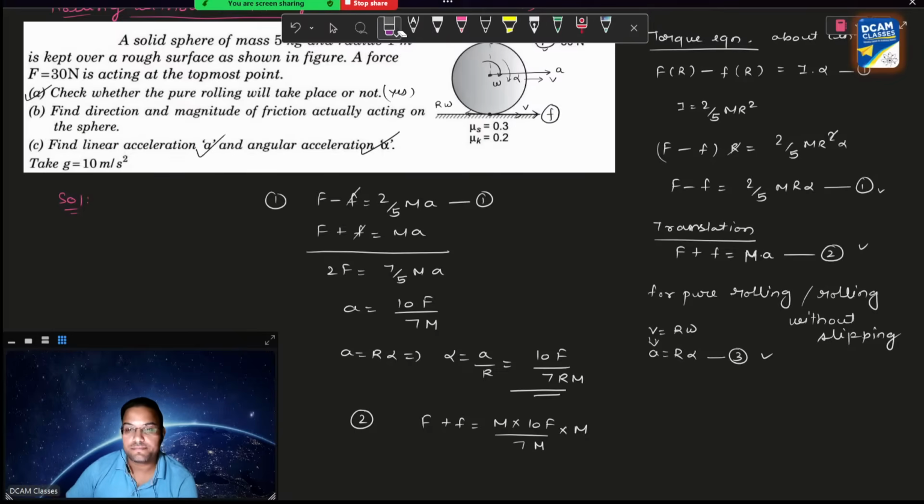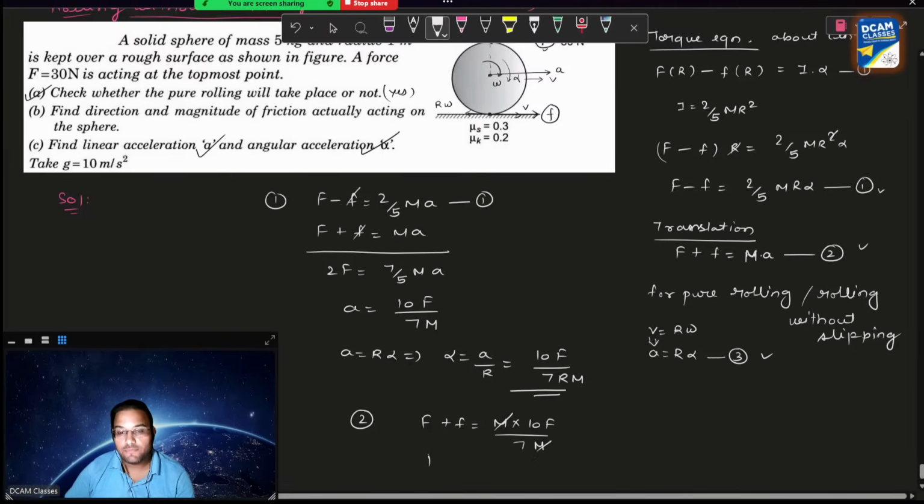I did not divide m. Now m you can cancel. It will be small f is equal to F minus 10F by 7. So minus 3F by 7. Friction force is coming towards back.